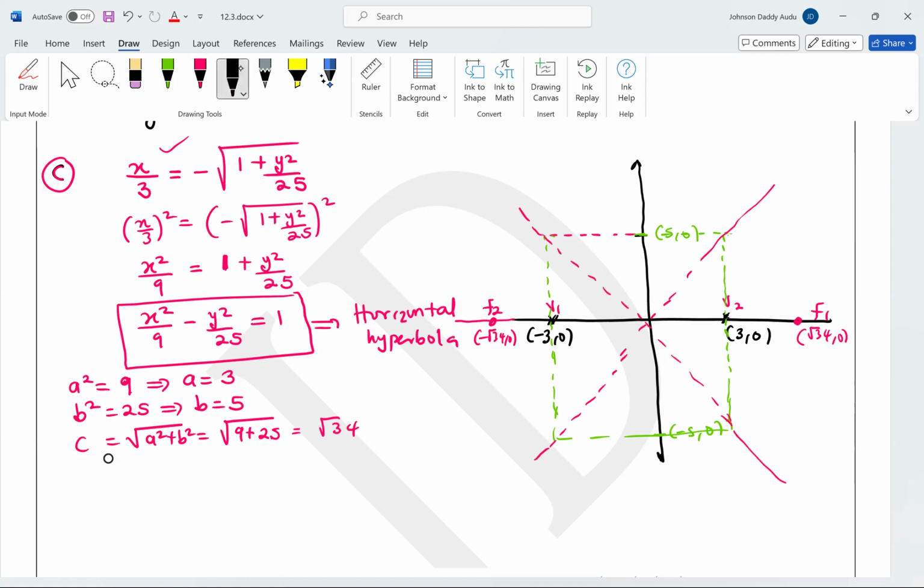Okay. Now we should have this coming from here, and same here. Through the vertex, not the focus, right? Okay, something like this.